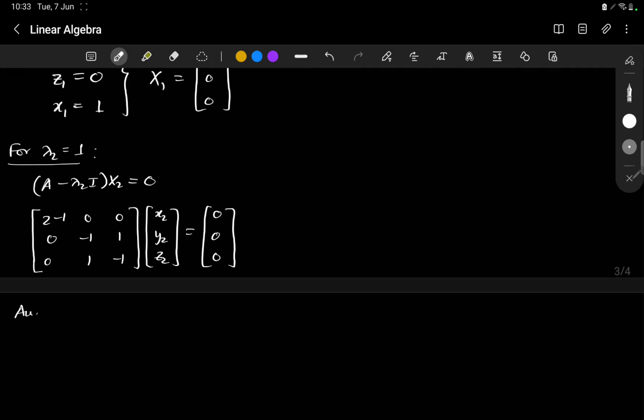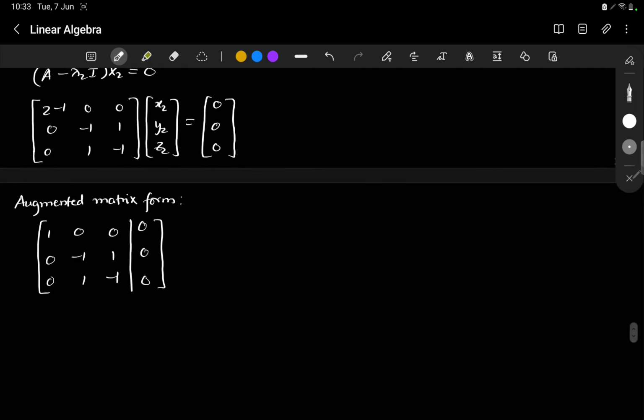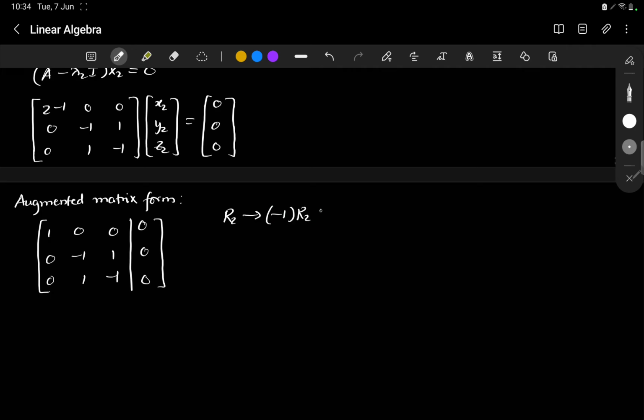Again we will write it in the augmented matrix form. Now we will again apply row operations. So the first row operation that we do is as follows.